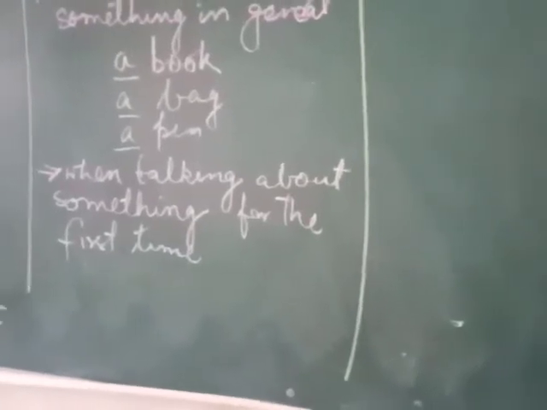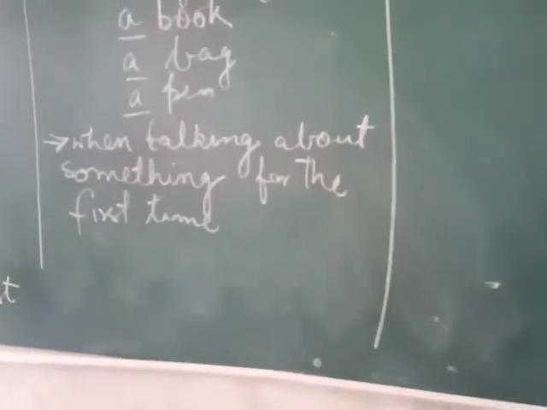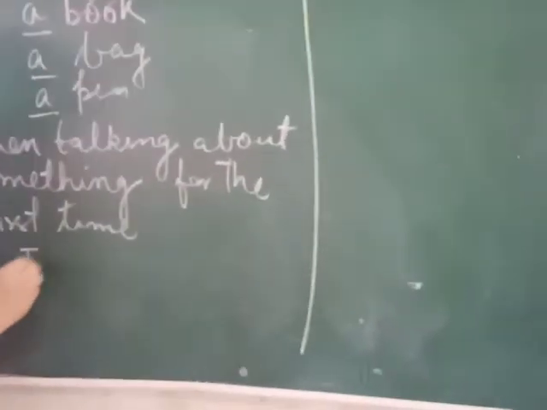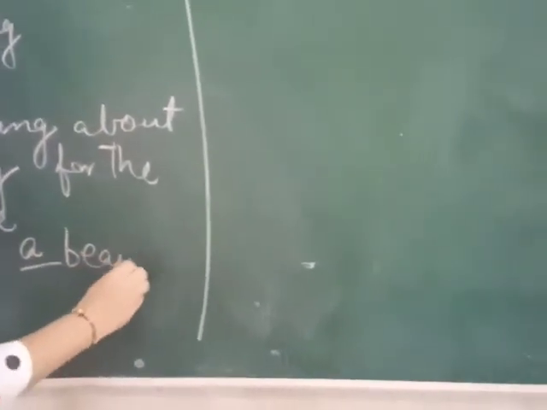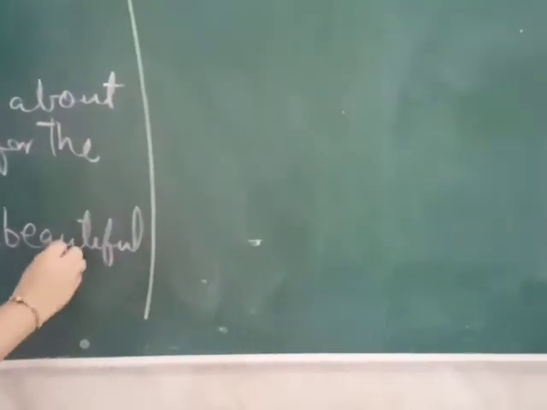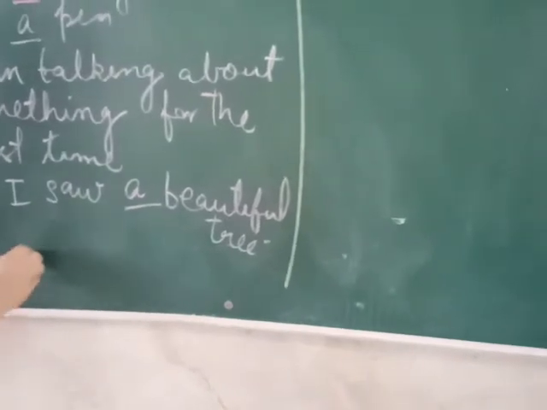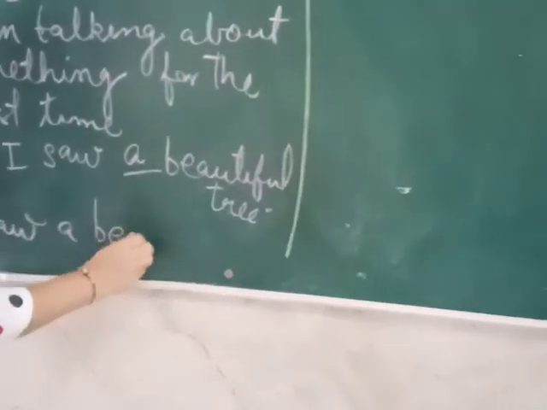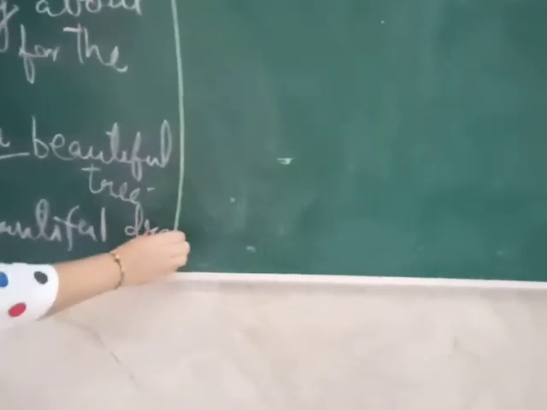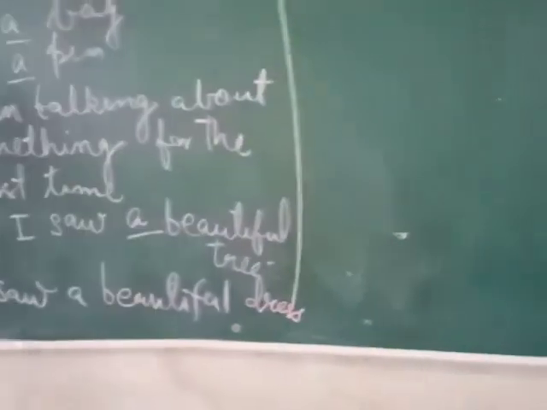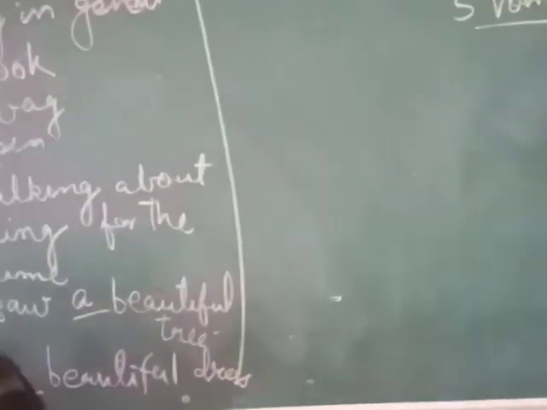I saw a beautiful tree. I saw a beautiful lake. I saw a beautiful dress in the shop. Is that clear? So this is where and how we use A.